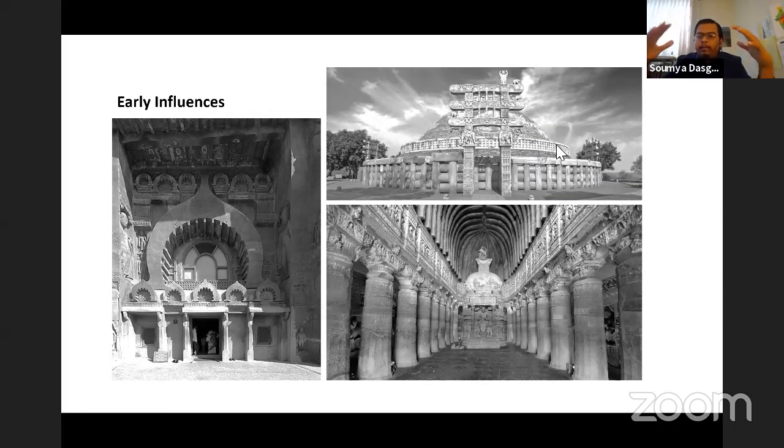It's basically a domical heap of bricks, which is also solid, and it has a circumambulatory path all around it. And these are fence-like structures, which also take their articulations or their forms from earlier fence-like structures, which were mostly visible in wooden construction techniques, right?